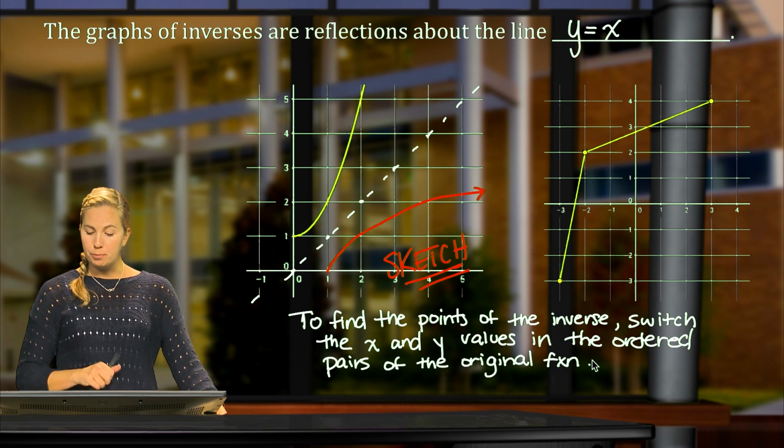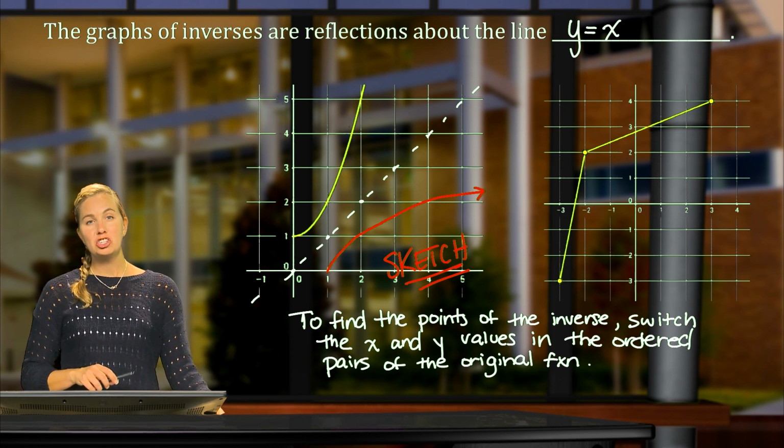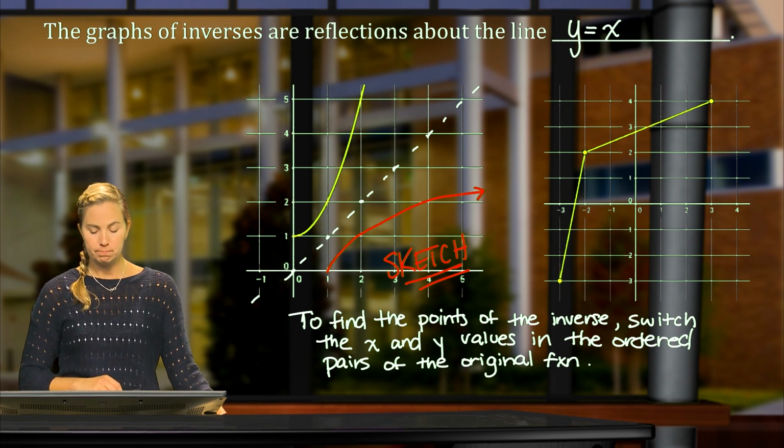So again, to find the points of the inverse, you're going to switch the x and the y values in the ordered pairs of your original function.